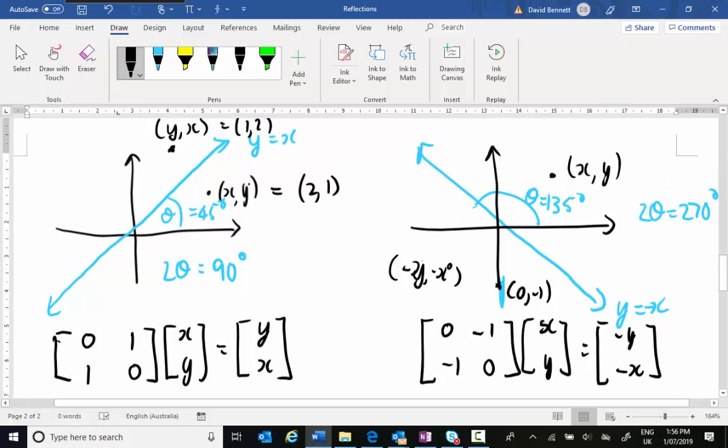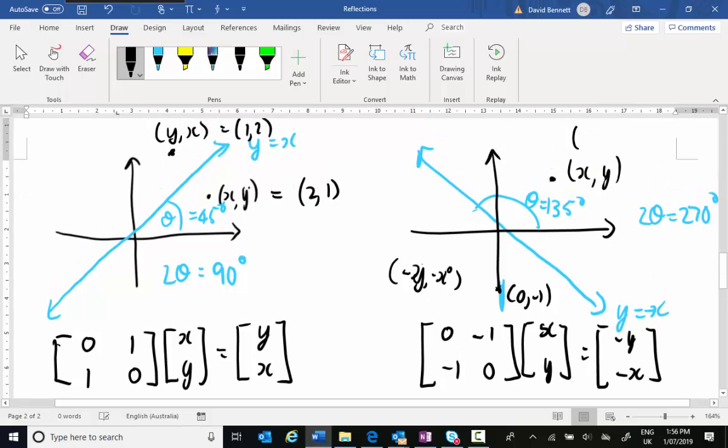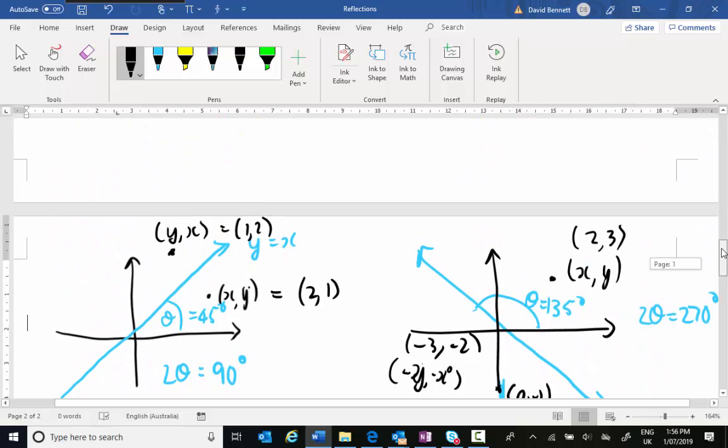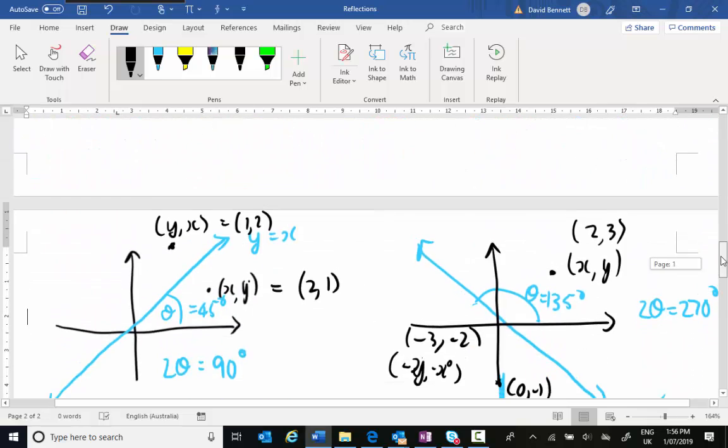Let's pick a point as an example. Let's say we had the point 2, 3. Then this point over here is going to be minus 3, minus 2. Okay, so that's how we do reflections using the x-axis, the y-axis, and the 45-degree ones.